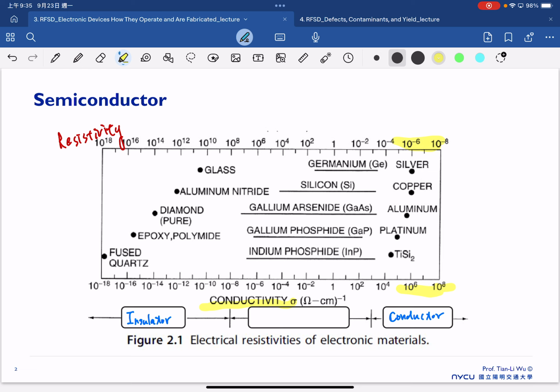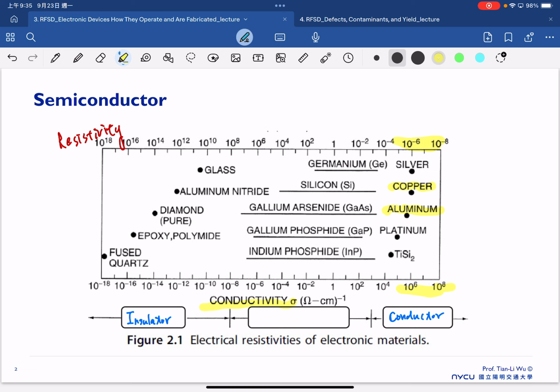And one of the conductors we will very often use in the semiconductor device is aluminum. So basically we will use aluminum or even copper as an interconnection line, or some metal skin. So basically we will use copper or aluminum.